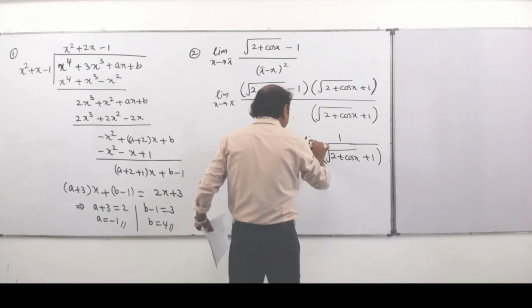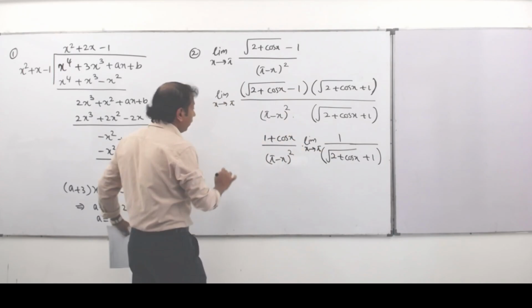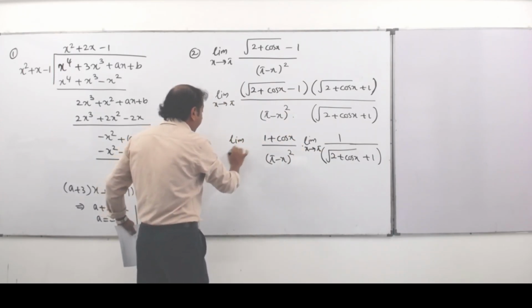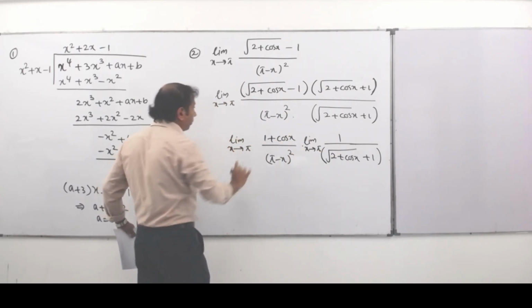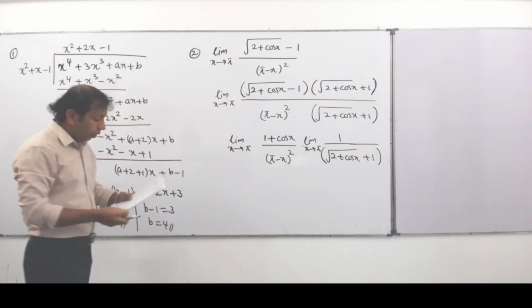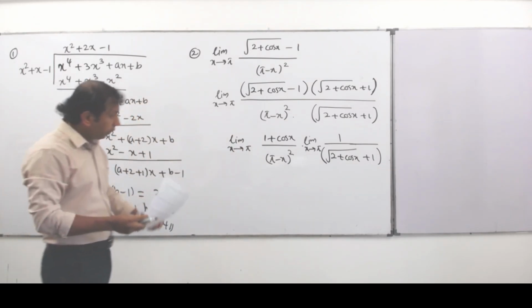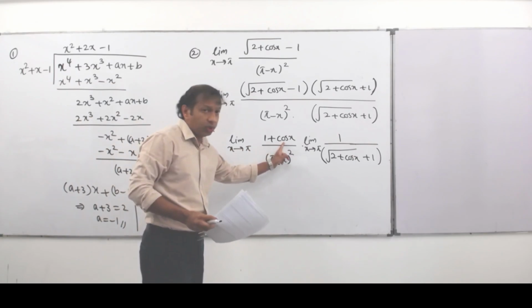Now we'll apply the limit separately to this, separately like this, as x goes to pi. Right, now we can write this 1 plus cos x using the half angle formula.